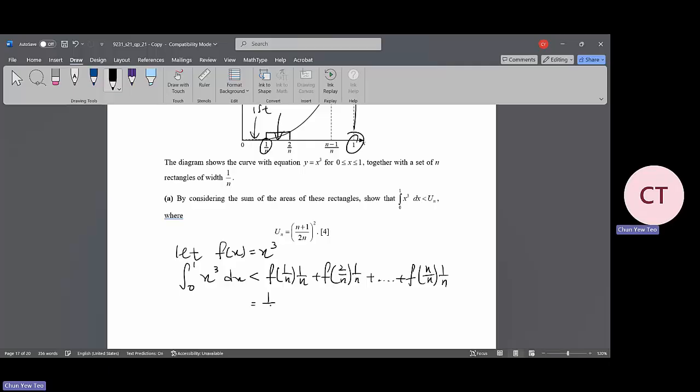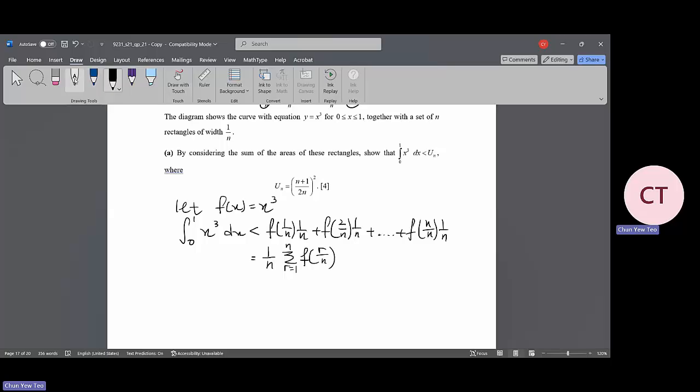So this will be equal to 1 over n, the sum of f(r over n), r from 1 until n. Over here, I use an equal sign because in the first statement they are inequalities, but for the second statement, the equal sign is because this expression is equal to this sum. Just in case you are wondering.